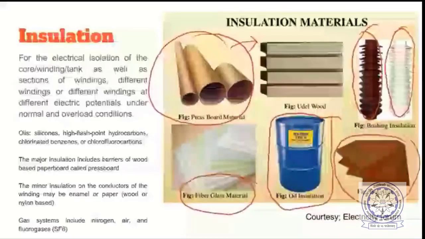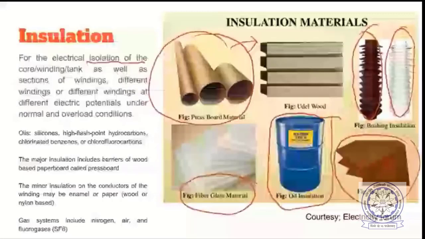What is insulation? For electrical isolation, see, electrical isolation is very, very important. The core should not electrically touch the windings, and our winding should not touch the core or tank electrically. Therefore, there should be electrical isolation between the winding and core, or within the windings also. Within the windings means there is a primary winding and secondary winding on each leg.